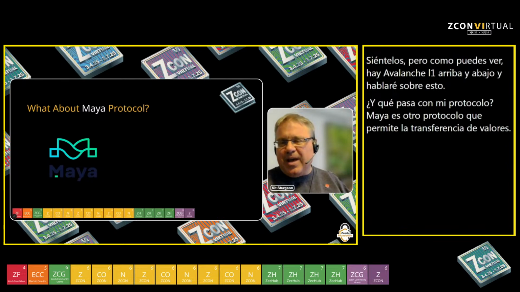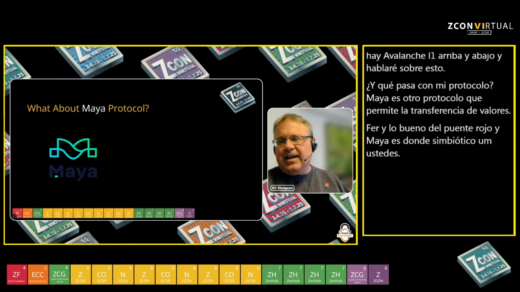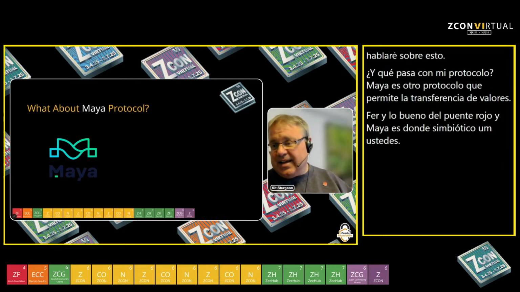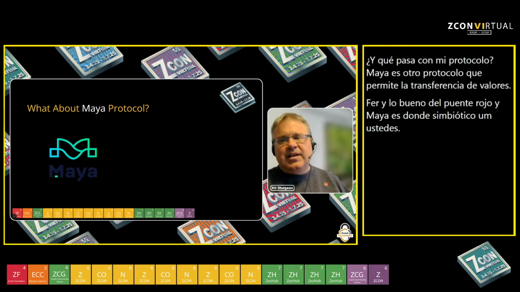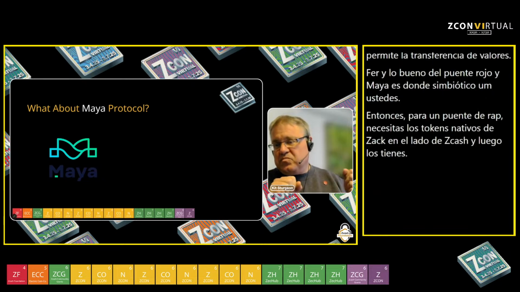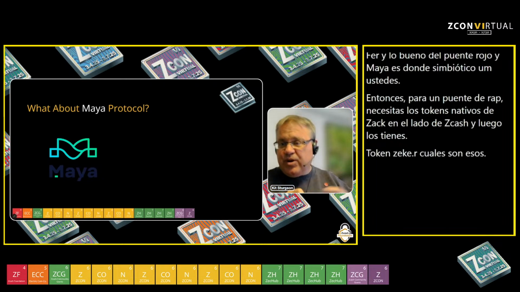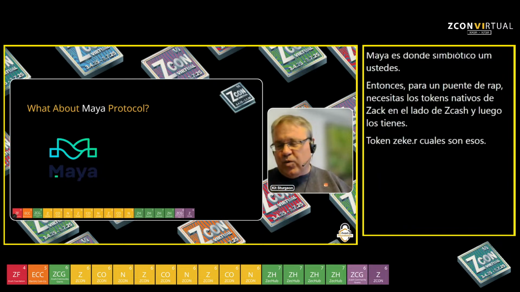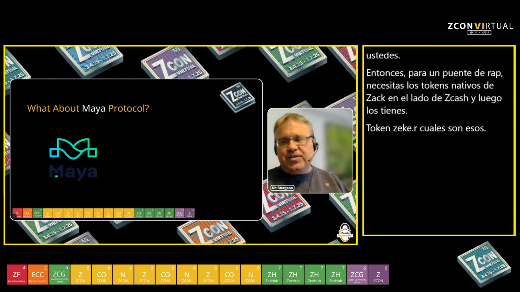So for a wrapping bridge, you have the native token Zec on the Zcash side, and then you have this token Zec.rbr, which those are pegged. So through our bridge, you can always exchange one-to-one for those.